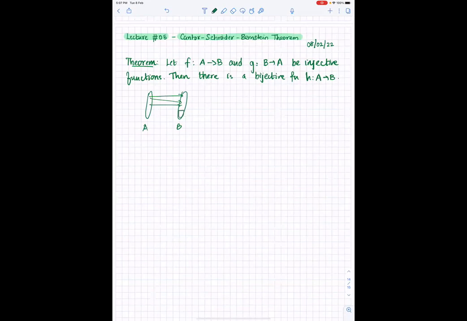So there might be some portion here that does not have an image. And g is another function from B to A, so there might be some things here that do not have a pre-image. So why should you be able to construct a map between A and B that is both injective and surjective? But supposedly you can. That is what the theorem tells.